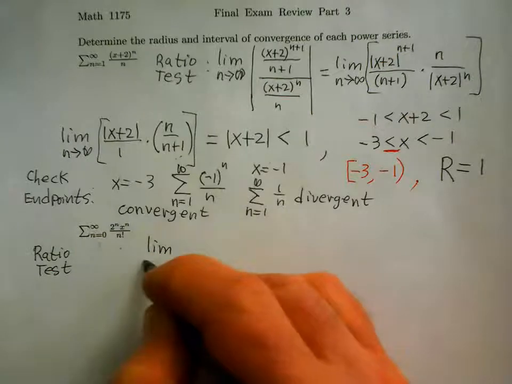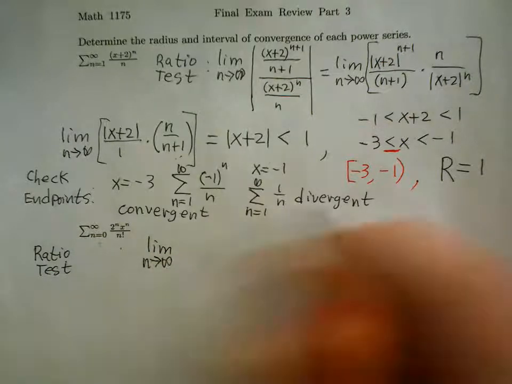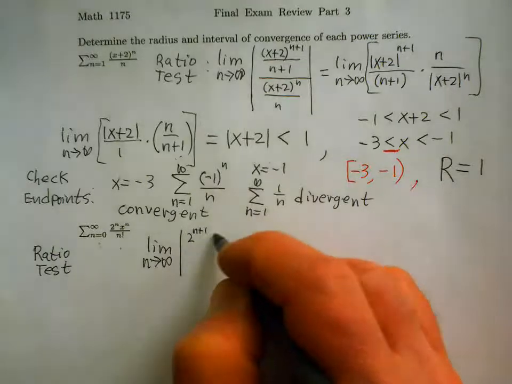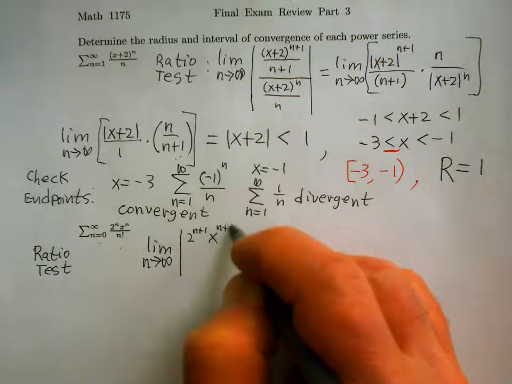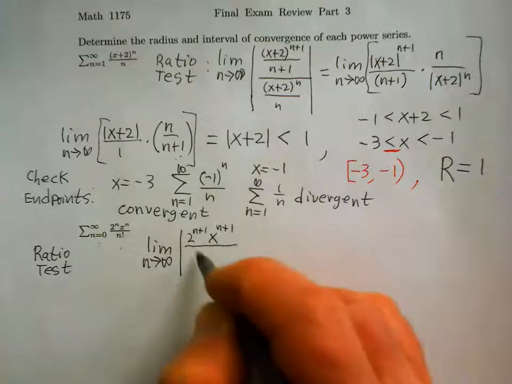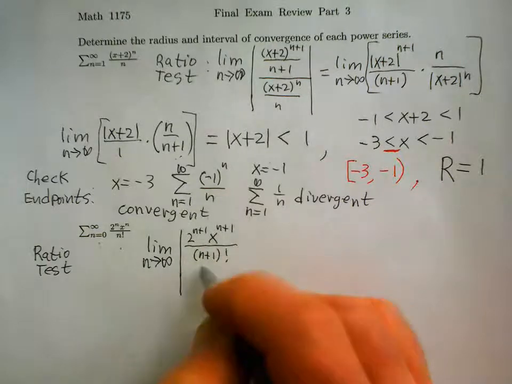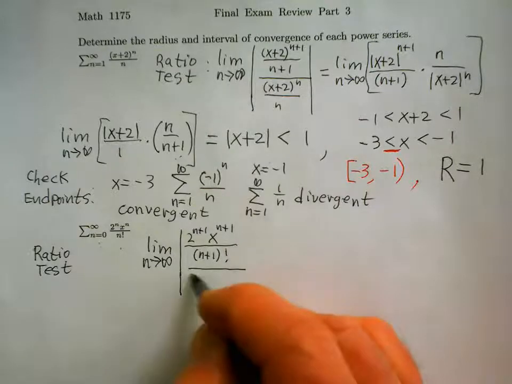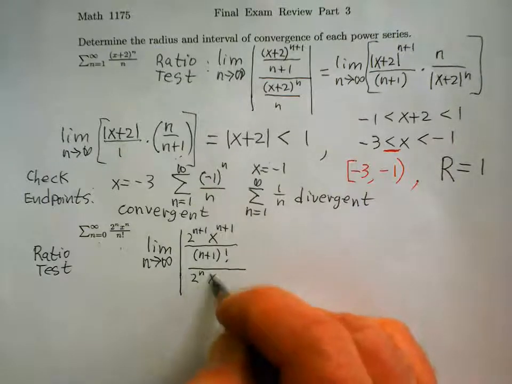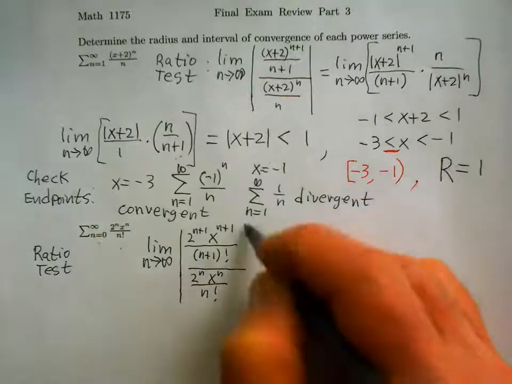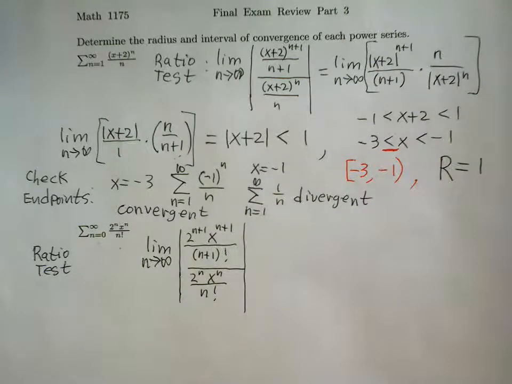So this time we have the limit as n approaches infinity of 2^(n+1) times x^(n+1) over (n+1) factorial, and then divided by 2^n times x^n over n factorial. This is all inside the absolute values.